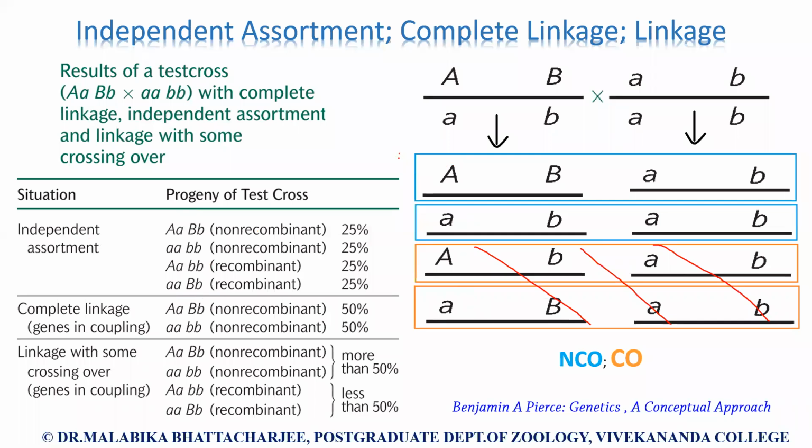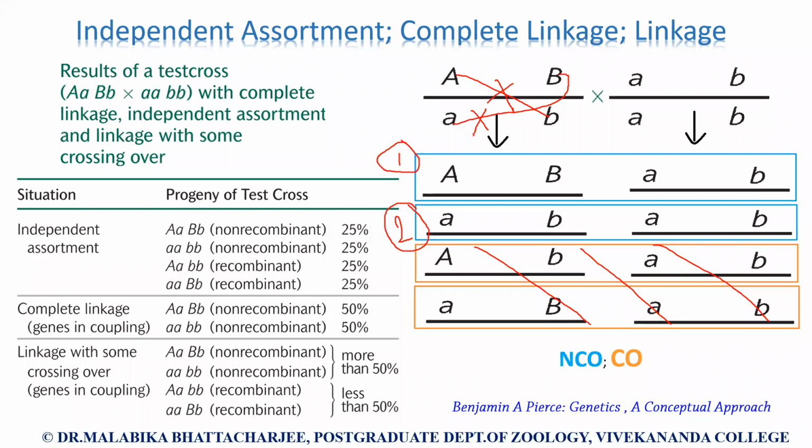So we'll get one set of individuals like this and the other set like this. It clearly indicates that somehow no crossover has occurred between capital A and small b, or between small a and capital B.